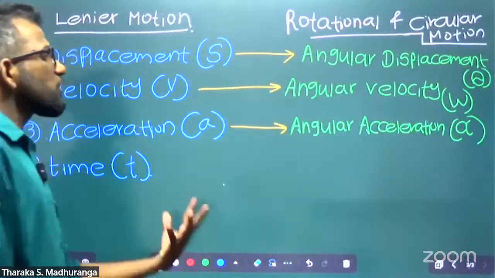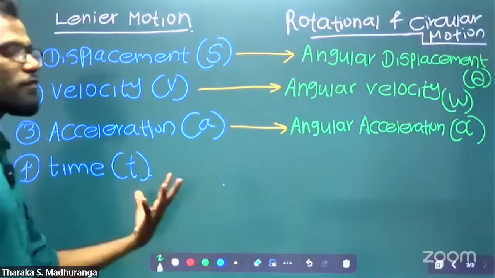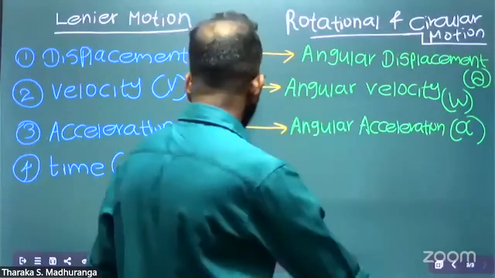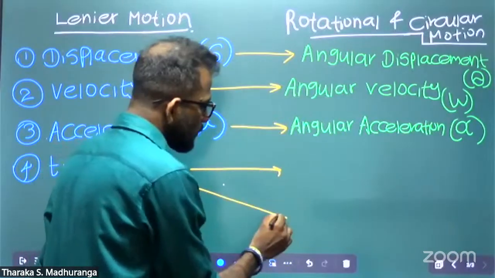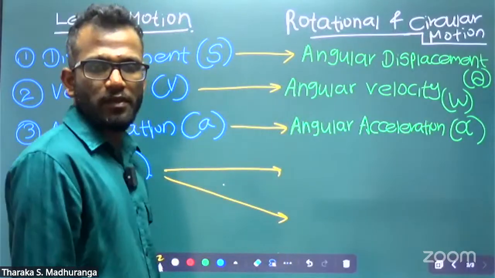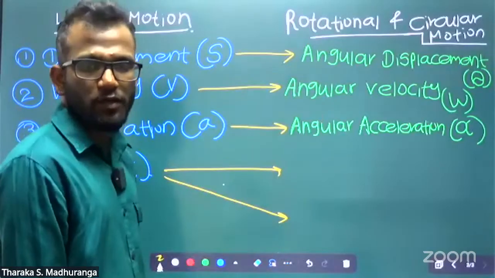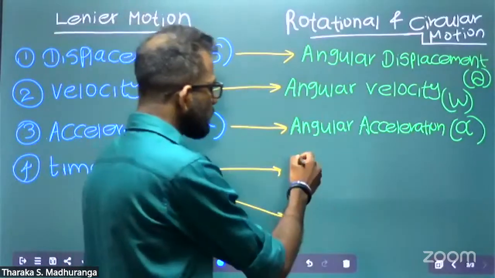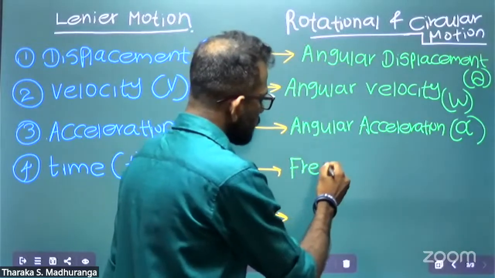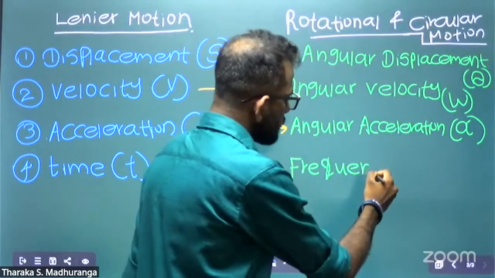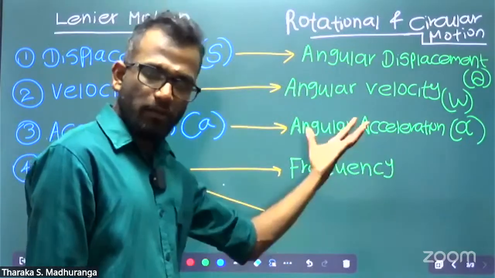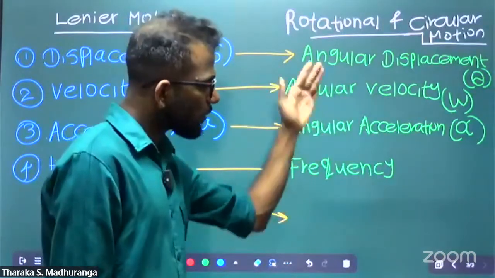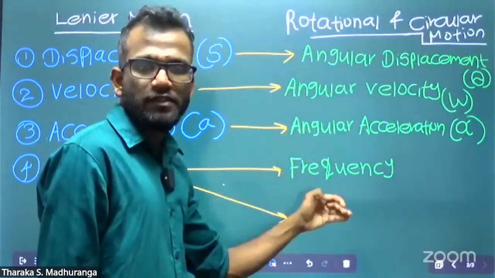Instead of linear motion, in rotational and circular motion we have two more physical quantities. The first one is frequency.